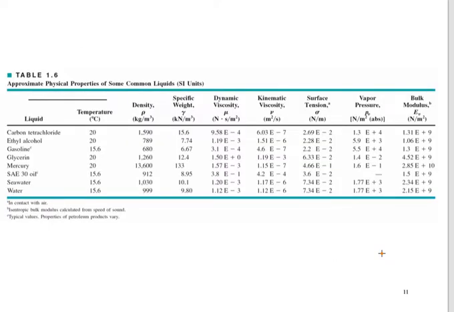This is the table showing the density of a few common fluids. What I need you to understand here, please remember a few common fluids. The first one is water. You know the density of water is around 1000 kilogram per meter cube, or here in this table it's given as 999.